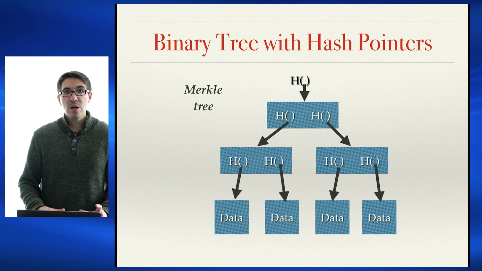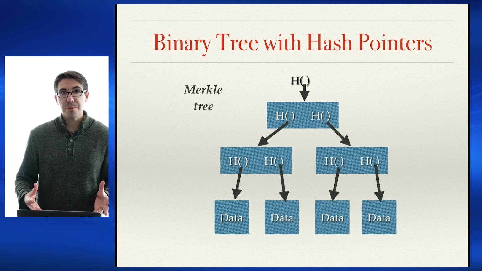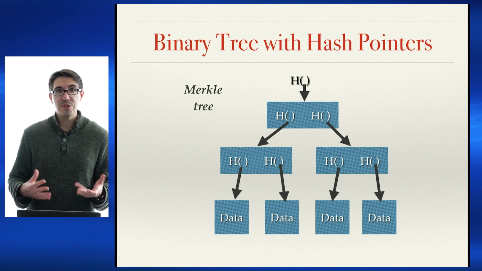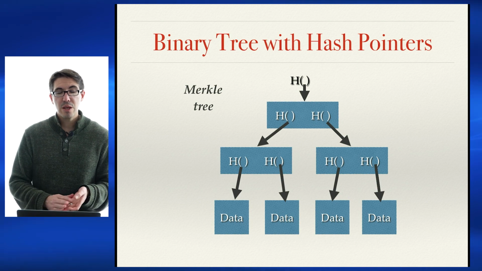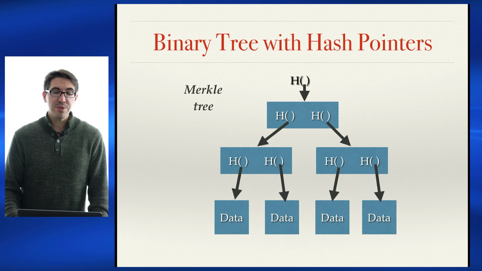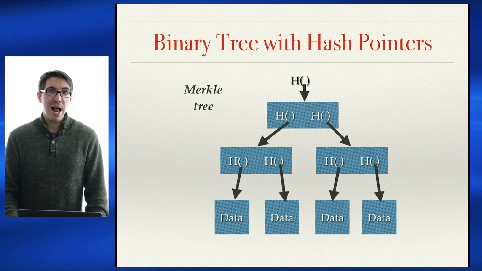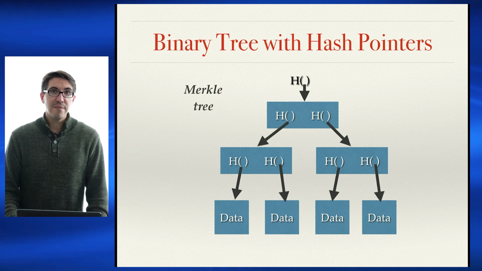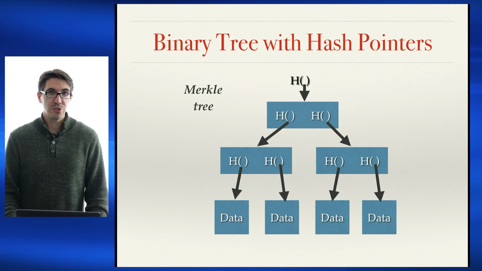We can also modify other data structures to create more tamper resistant versions of them. For example, a binary tree. If we replace the pointers in a binary tree with hash pointers, and we only store data at the leaves, at the edges of this, we now have something called a Merkle tree.